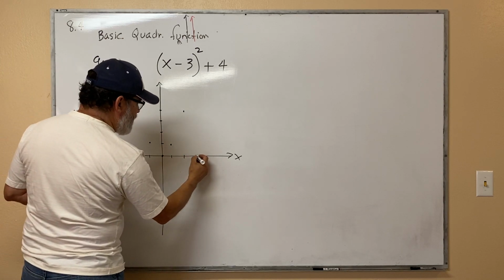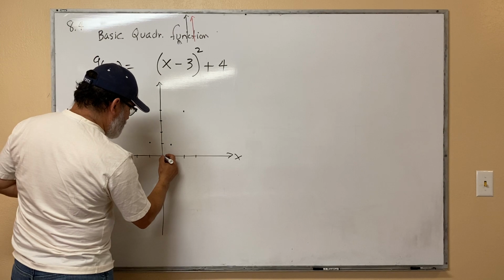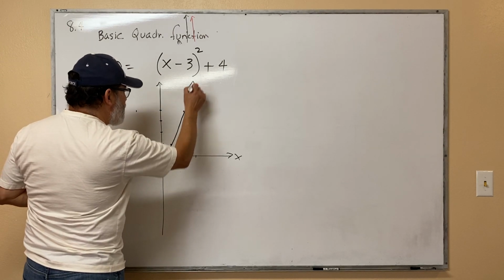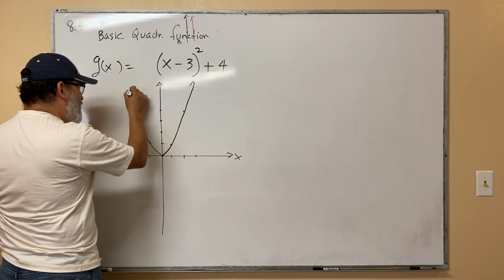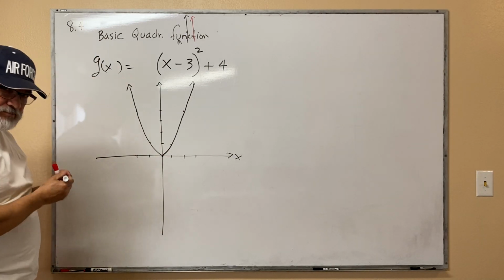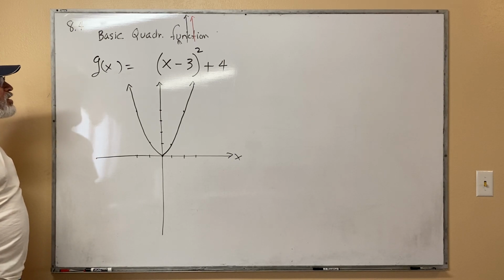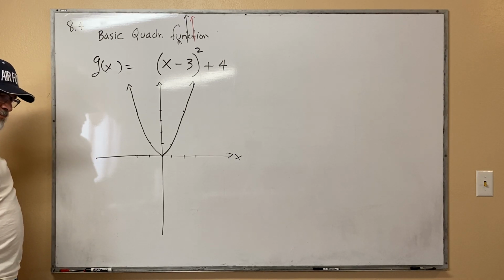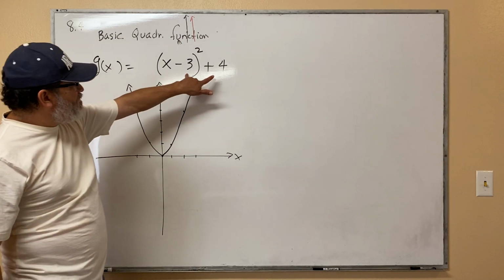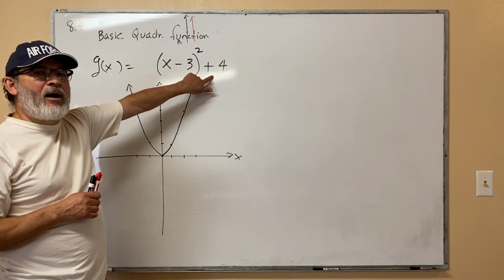3 times to the right, how many up? 9. I don't have room, okay? So this is the behavior of the basic parabola. 9 up. 3 times to the left, 9 up. Now, what is this going to do to the basic parabola?